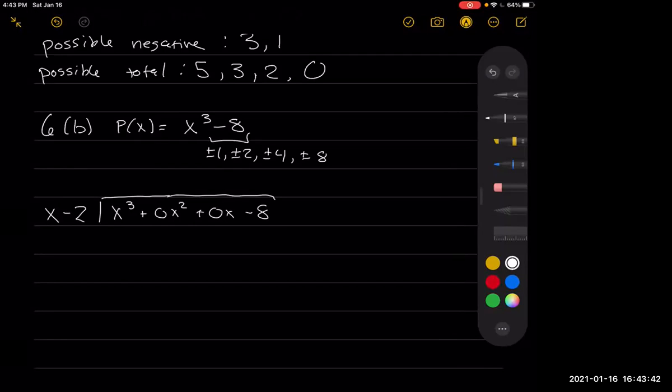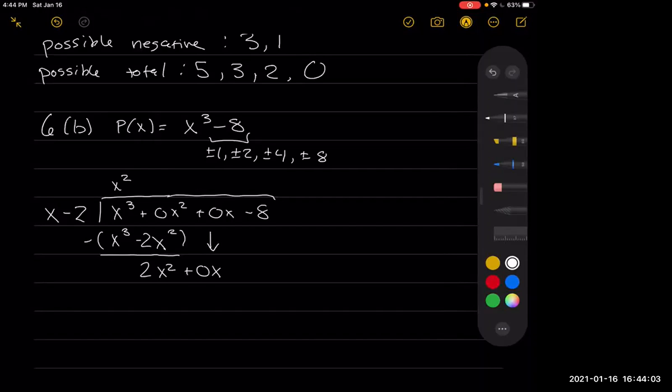And so we need to have an x squared here, because x cubed minus 2x squared. And we subtract this, we get a positive 2x squared, and we pull down a 0x.